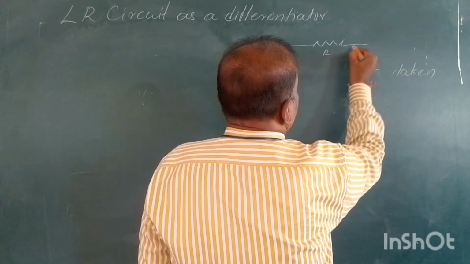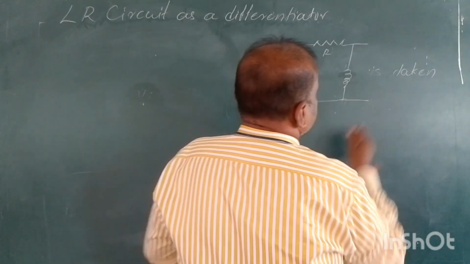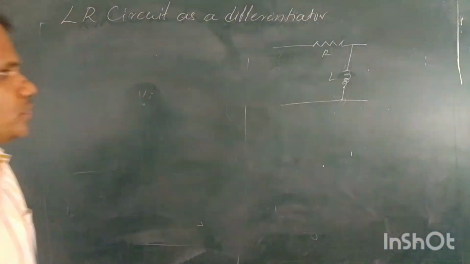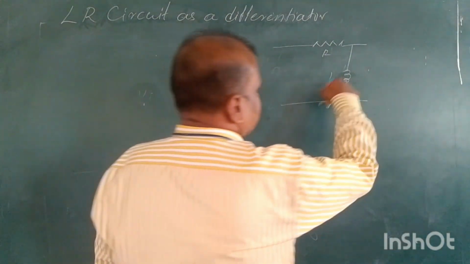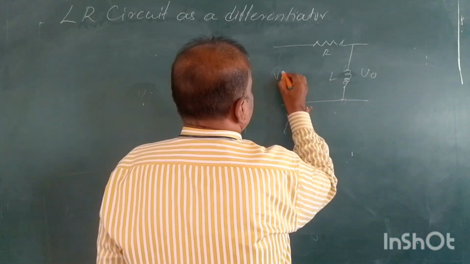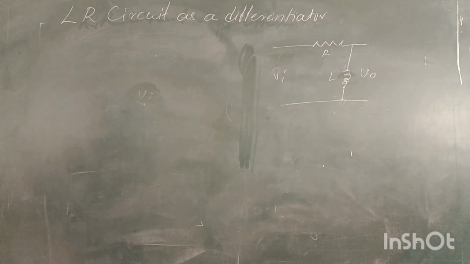So this is the resistor and this is the inductor. Previously we took the output voltage across the resistor, now we are taking the voltage across the inductor. So this is the output voltage, and the input voltage is applied to the series combination of RL, in which the output is taken from the inductor.